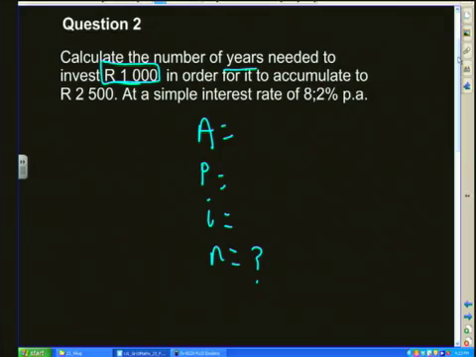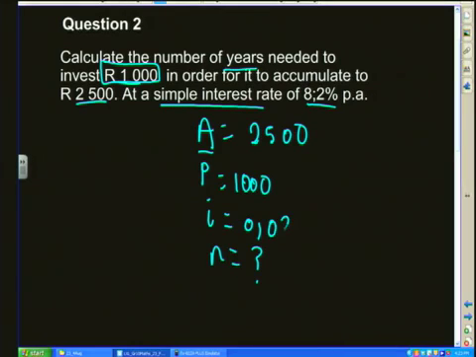Invest, you're starting with your original amount, 1,000 Rand. In order for it to accumulate, your final value is going to be 2,500 Rand. And at a simple interest rate of 8.2% per annum. Remember, when you're using your formula, you always put the decimal form of that in, so it's going to be 0.082, which is simply 8.2 divided by 100.